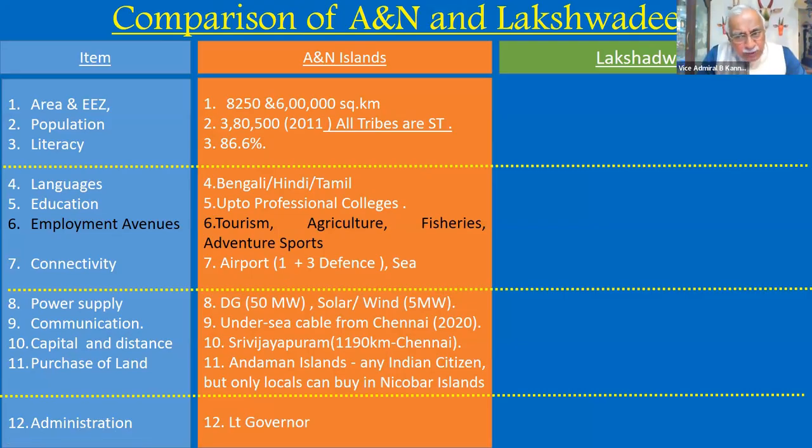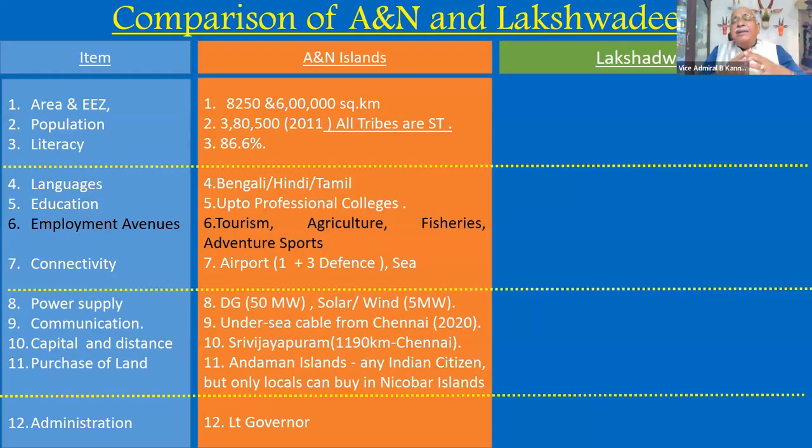And they have 4 airports, out of which 3 are with defense, and 1 is with civil. You can go by ship also. Power supply. Power supply is an issue. It runs diesel generators. Now, some solar and windmills have also come. So almost 10% of the diesel generator is substituted by solar and wind.